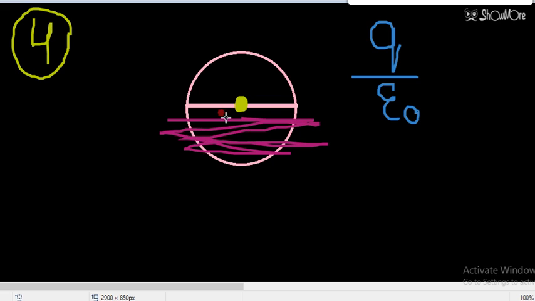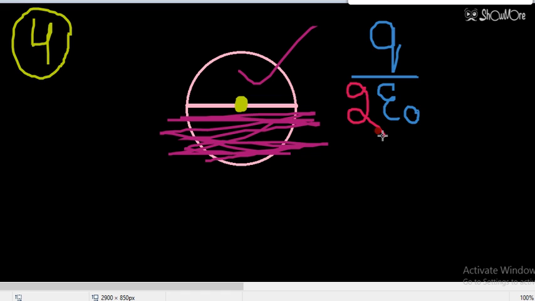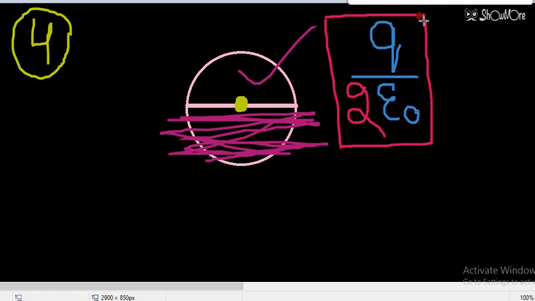So that means two hemispheres are required. Like in the earlier questions, 8 cubes, 2 cubes and 4 cubes were required, so now in this case, two hemispheres were required. So that means for a single hemisphere, my answer will be Q by 2 epsilon naught. This is the amount of flux that is coming out of the hemisphere when charge Q is placed at the center point of this hemisphere. So this is regarding the fourth question.